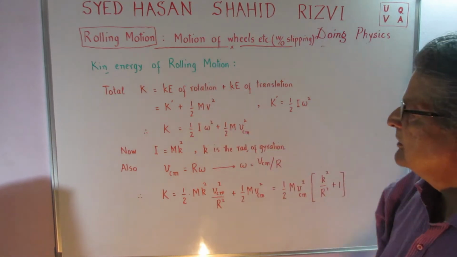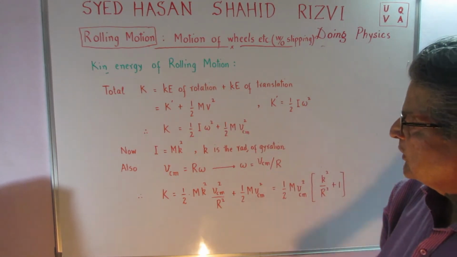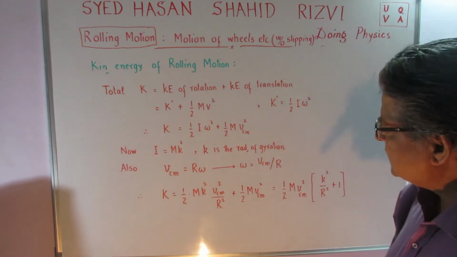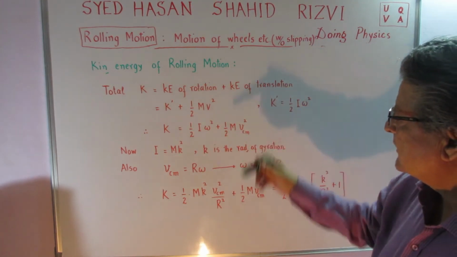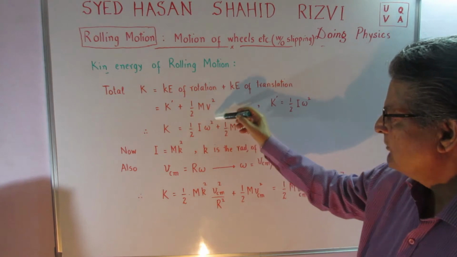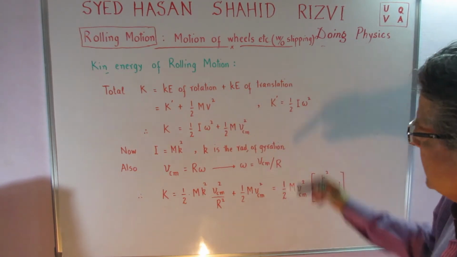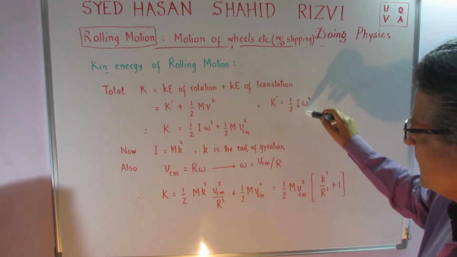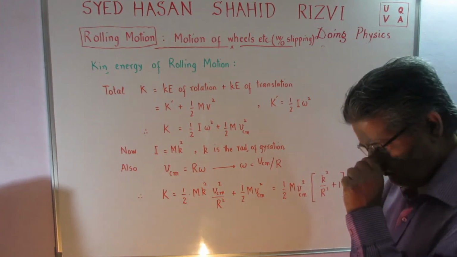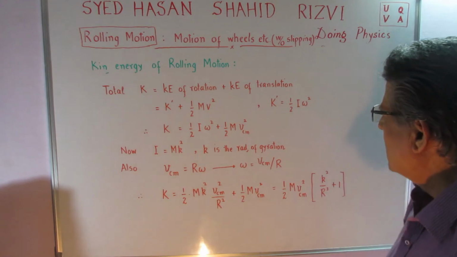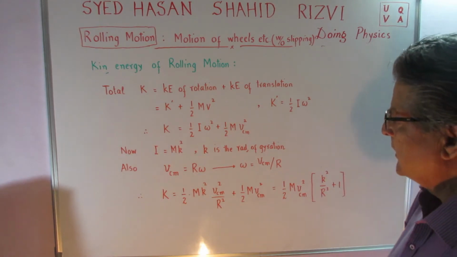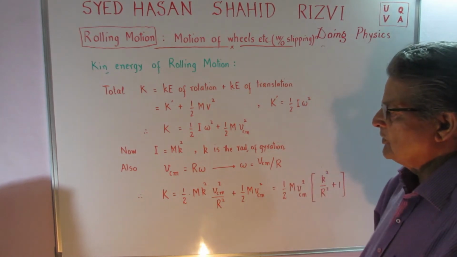Let us write the kinetic energy of rotation as k prime, k dash, and of course the kinetic energy of translation is half mv square, where k dash is equal to half I omega square, where I is the moment of inertia of this body and omega is the angular velocity.